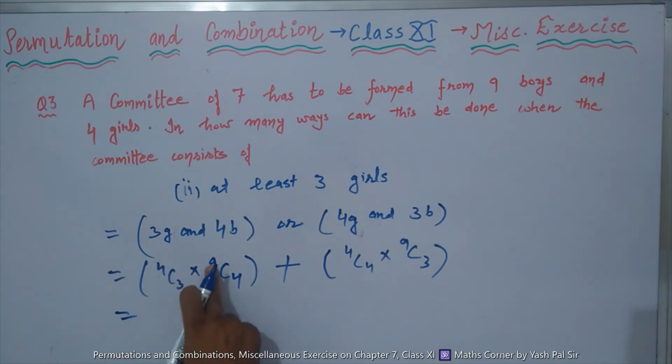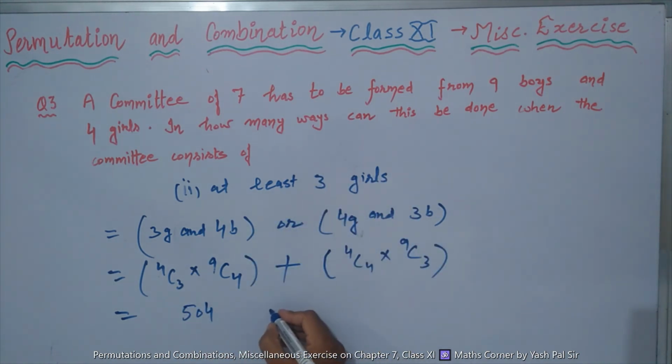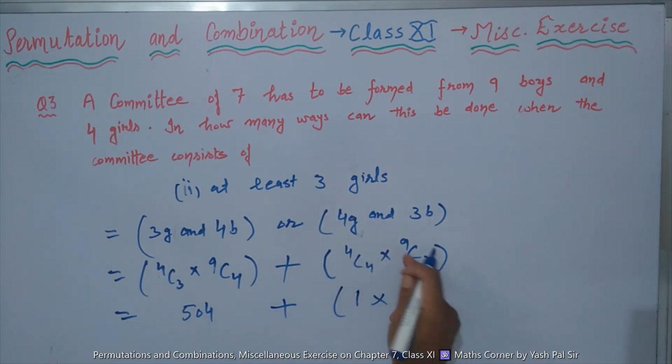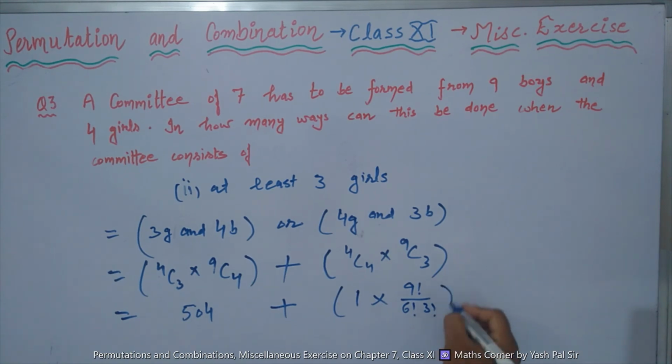4C3 into 9C4. As the result we have got this equal to 504 in the previous part, first part, plus 4C4 mean 1 into 9C3 mean 9 factorial, divide 9 minus 3 6 factorial into 3 factorial. So this way we have 504 plus this becomes 9 into 8 into 7, 6 factorial cancelled, 3 factorial mean 3 into 2, 6.